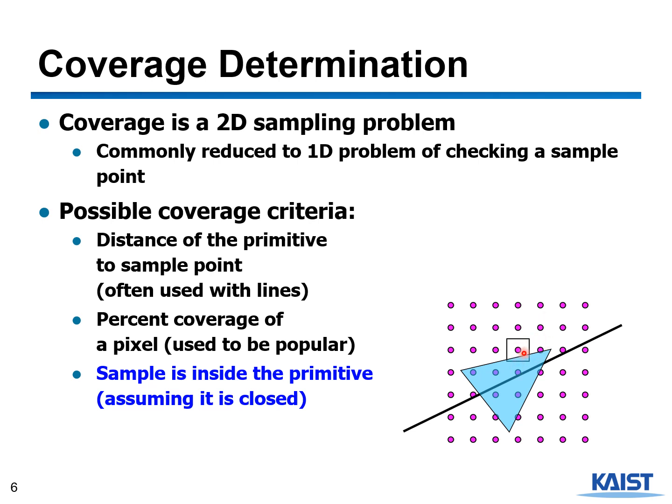If the center of the pixel is within the triangle, then we can decide that the pixel will be within the triangle. That's an example of converting this complex 2D problem into the 1D problem. There might be other ones. Basically, we can compute the distance of the primitive to the sample point, but checking whether the sample point is inside of the primitive is the most common approach.